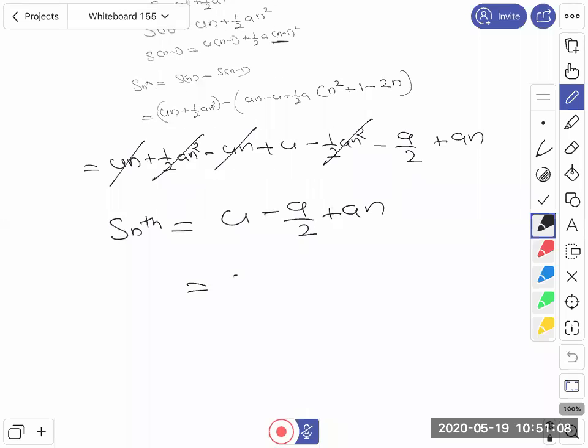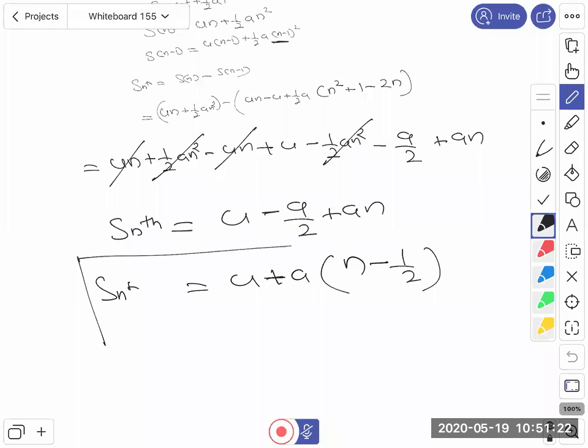So we can take this u and we can take this a common. So remaining thing is 1 is plus n and minus 1 by 2. That's why we are writing displacement in the nth second is equal to u plus a into n minus half. Is it clear?